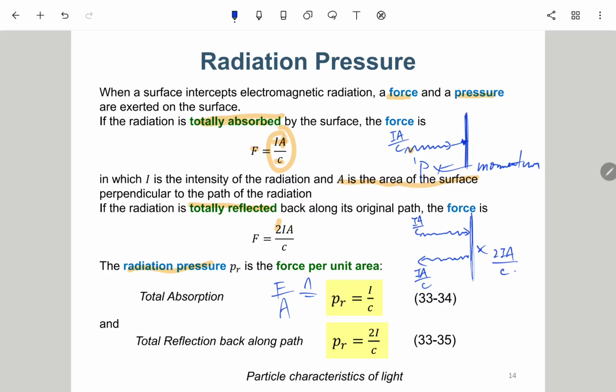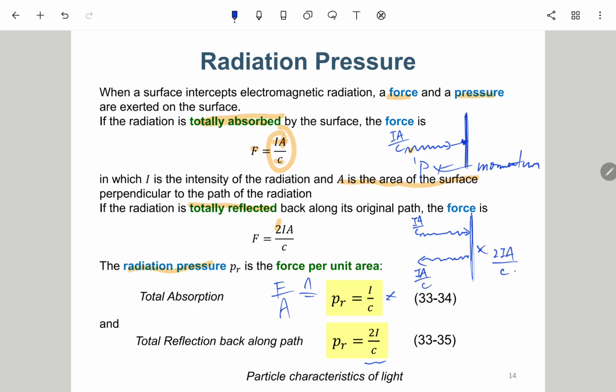So the force for a unit area will be the pressure. If it is absorbed, it will be I over C. If it is reflected, it will be double, just like what I discussed above.